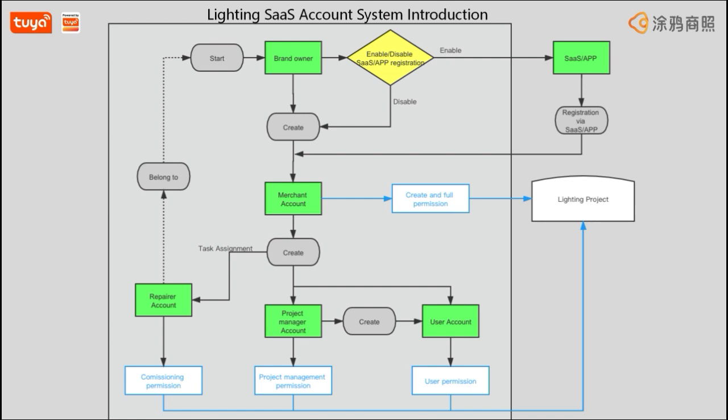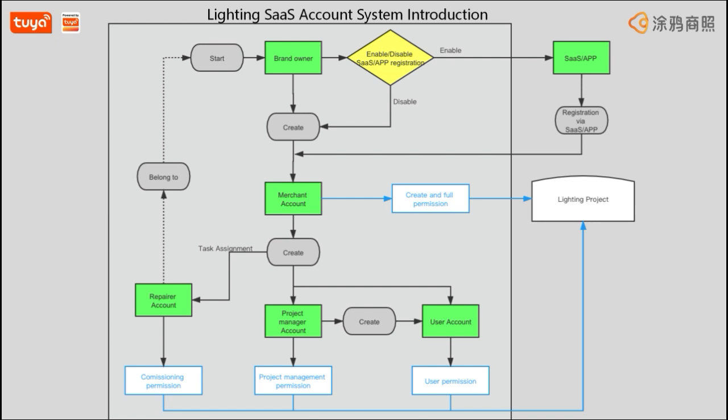And the merchant account is mainly used for, for example, sub distributors. After they are allocated a specific number of projects or a quantity of devices, then they can create a project.